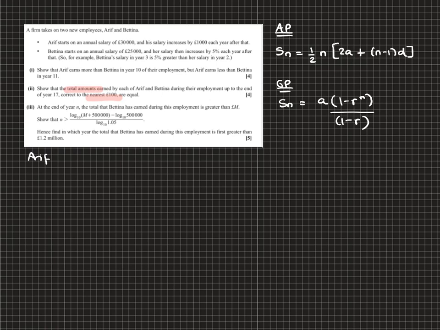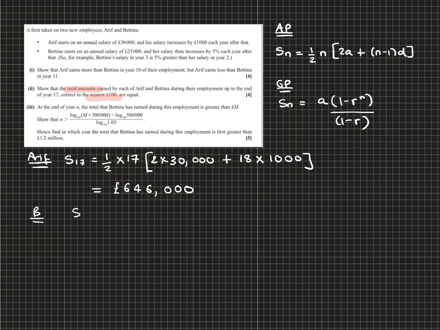So we need to make sure we're using the right formula in the right example. So for Arif, let's work out his total salary up to the end of 17 years. So that's a half multiplied by 17, 2 lots of a, 2 lots of 30,000 plus n minus 1, which is 16, multiplied by d, which is 1,000. So this gives his salary after 17 years to be £646,000.